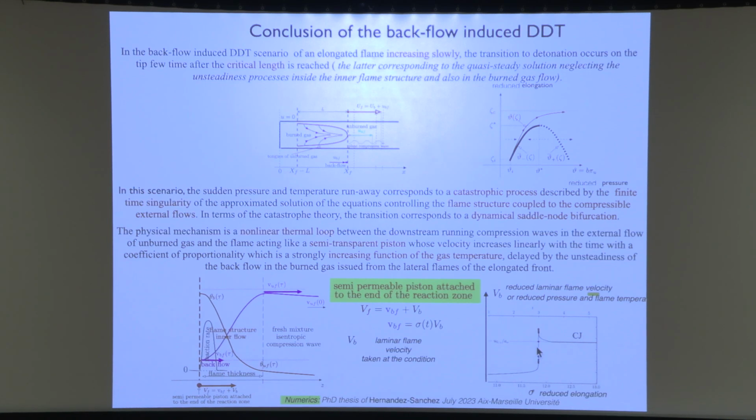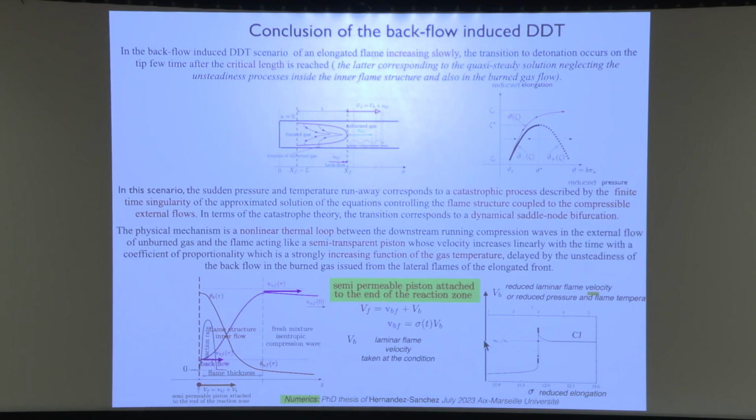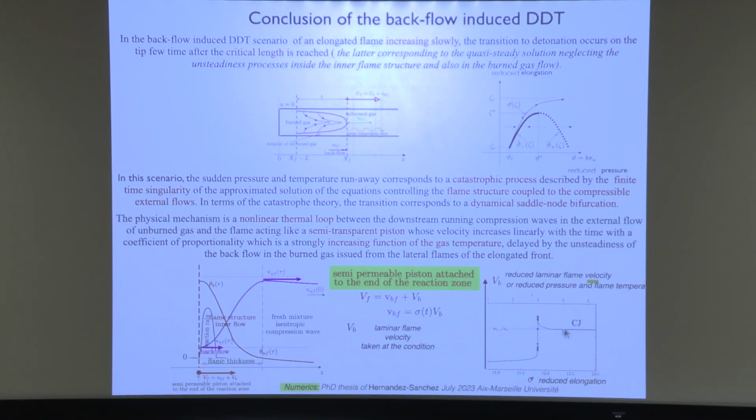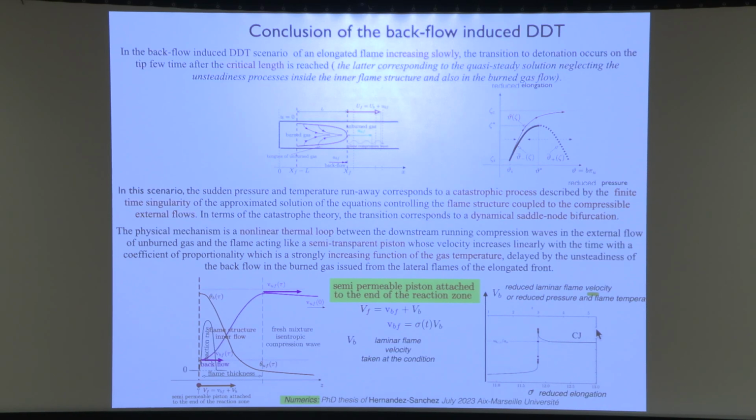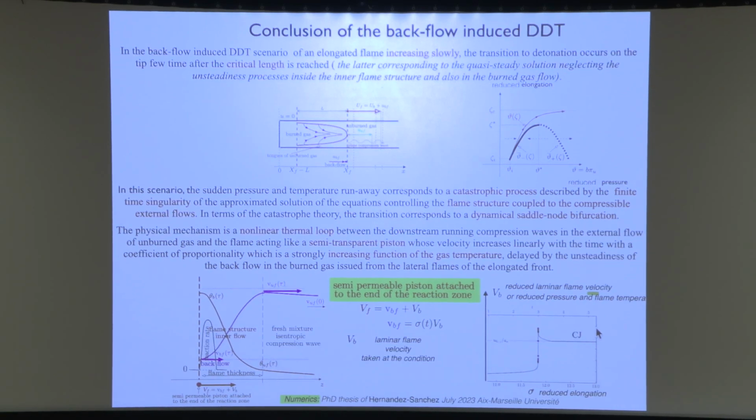He saw that numerically, and what he saw is that here is the Chapman-Jouguet detonation velocity. The pressure, the velocity, now it is no longer a flame because there is compressible effect inside.